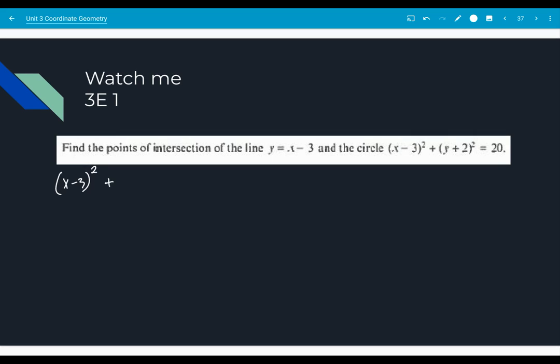We're going to substitute them. So instead of y, I'm going to have x minus 3 plus 2 squared equals 20.